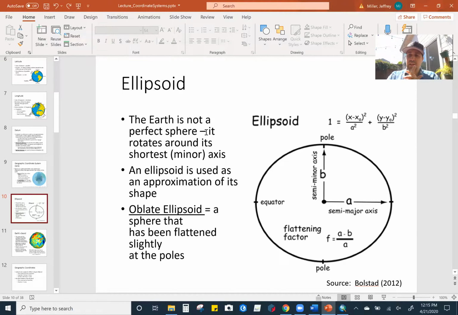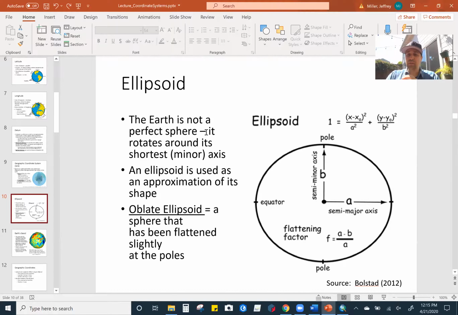The radius to the poles is shorter than the radius to the equator, okay? Not by much, really. It's only by a few dozen miles, if you can wrap your head around that. But it does make a difference. And in this case, we're talking about making measurements, which is ultimately what coordinates are used for, and having precise location information.